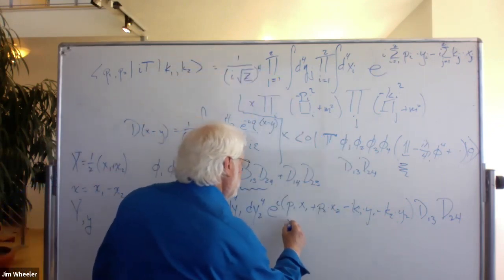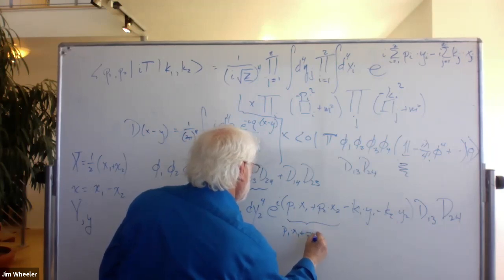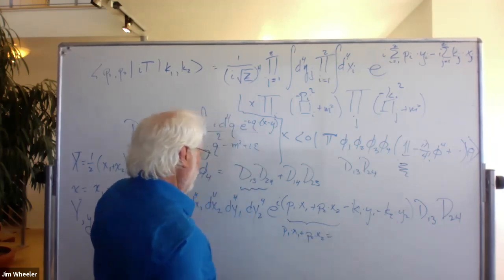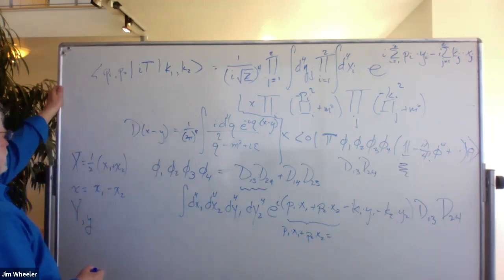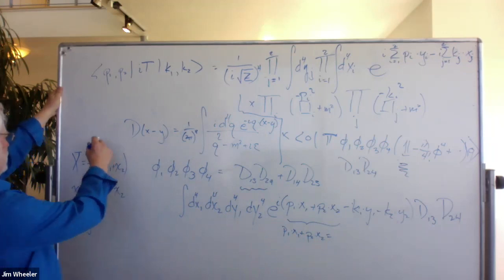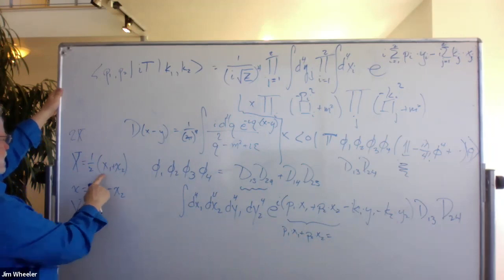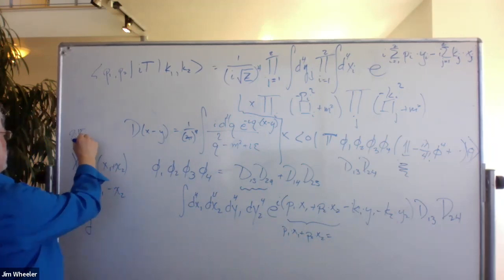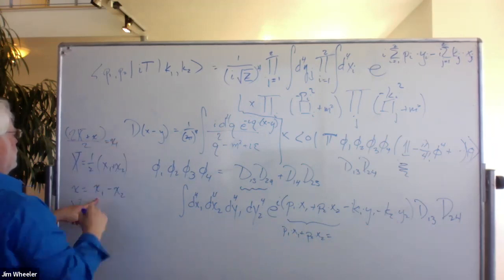So when we write this factor, p1 dot x1 plus p2 dot x2, I can write x1 and x2. How do we get at those? If I take 2 times capital X and add that to little x and divide by 2, that's going to give me x1.